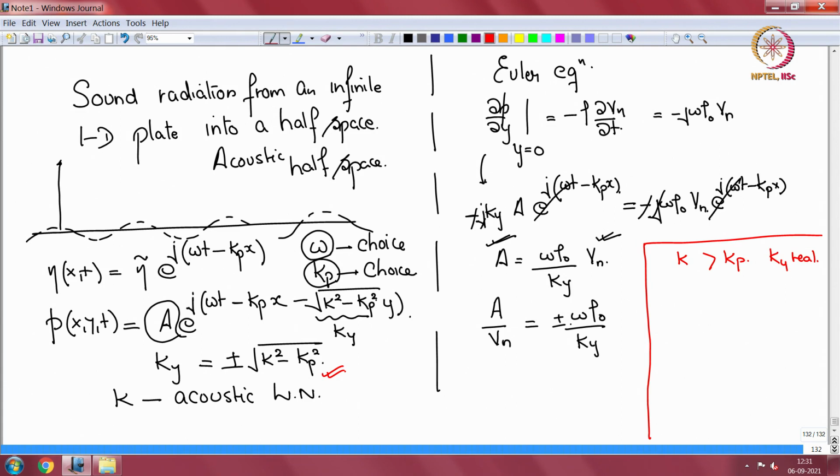If ky is a real value, then I would like the sound propagated away in the y direction. So ky must be real and positive. So I have to choose one sign.